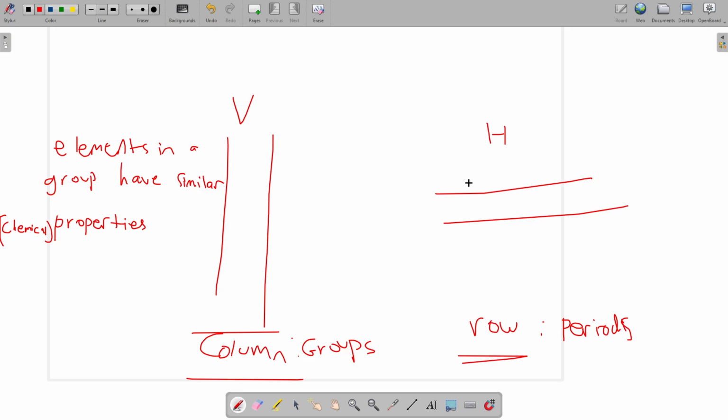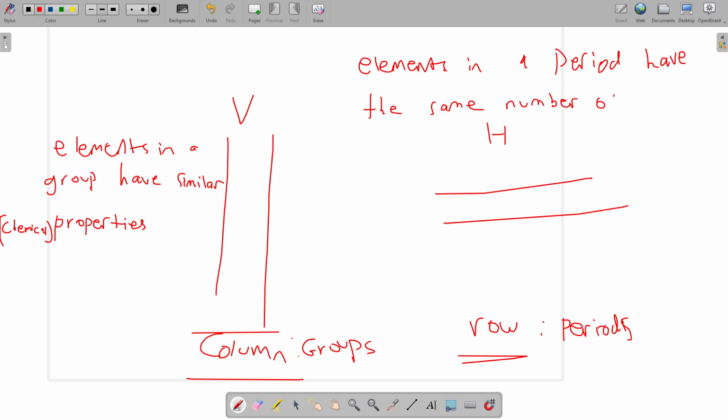And for the periods, elements in a period, which is the row, have the same number of energy levels.